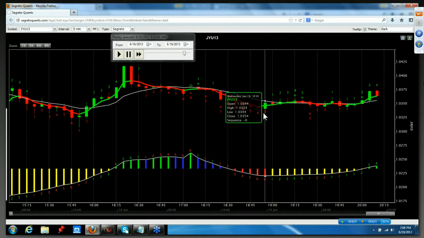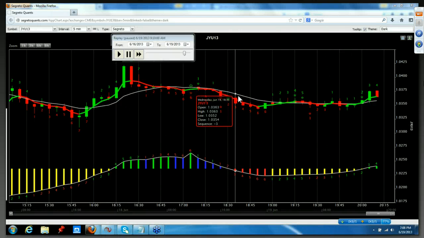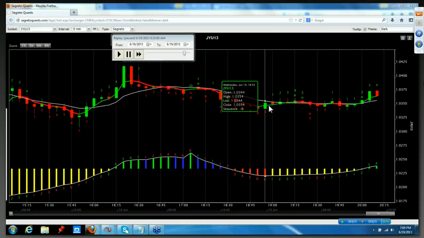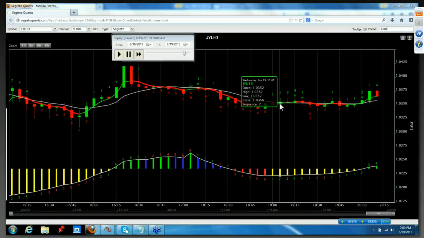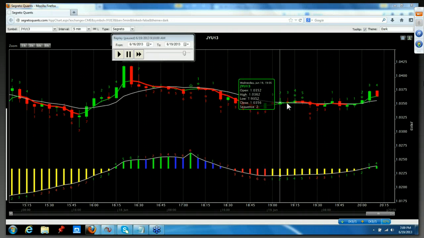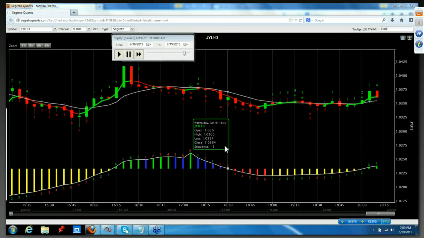Obviously, the red bars are similar to the red bars on the NinjaTrader charts, and the green bars are similar to the green bars that you're already used to. This gray line represents the 13 EMA. And the line connecting these bars is the HMA, the Hull moving average. You see it changes because it shows trends, or it shows direction.